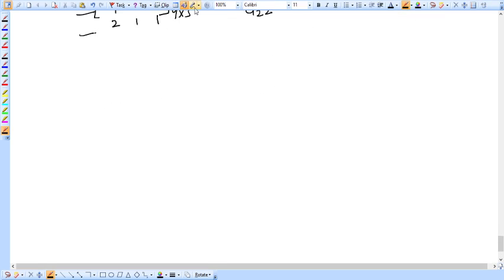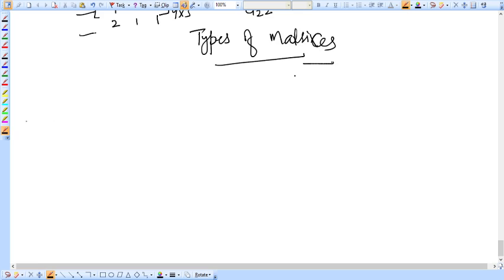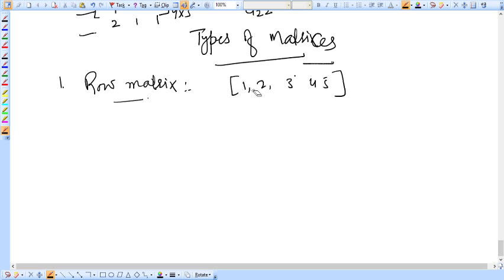Now let us discuss types of matrices. Firstly, the row matrix. You will have only one row, for example, with no commas between the entries. See here, you have only one row and several columns.